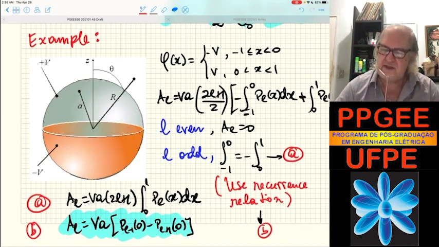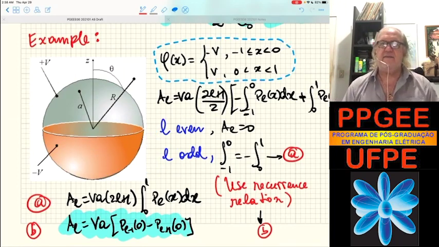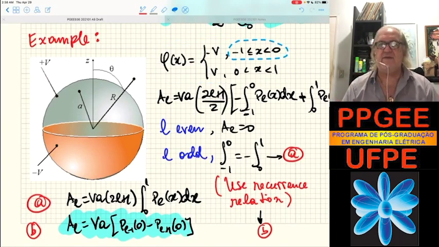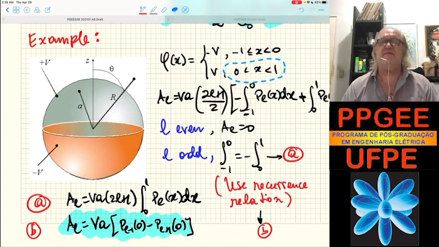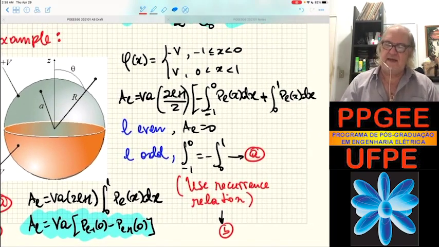So your function is some step function type. Potential equals minus V in the south hemisphere, theta from pi over 2 until pi, and it's positive on the north hemisphere. So it's a matter now of calculating that integral.